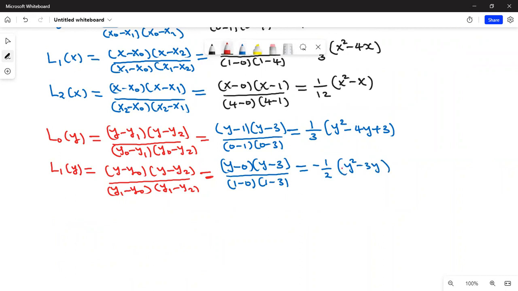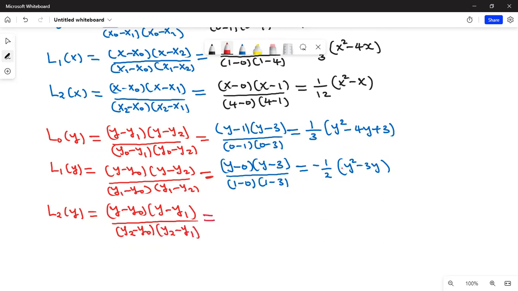And finally, L2 of y is equals to y minus y0 times y minus y1 over y2 minus y0 times y2 minus y1.